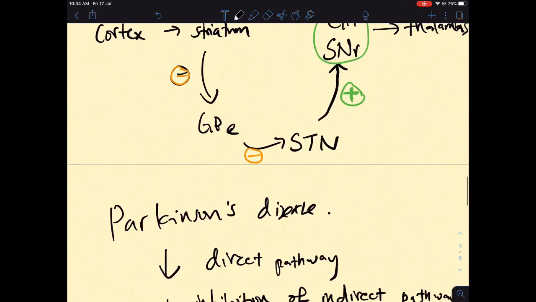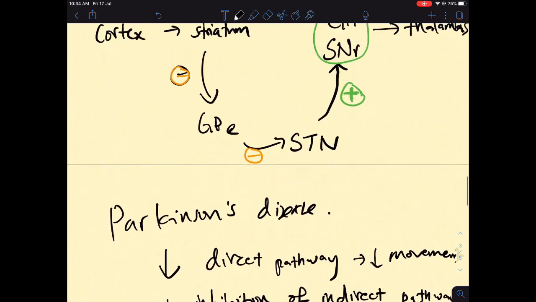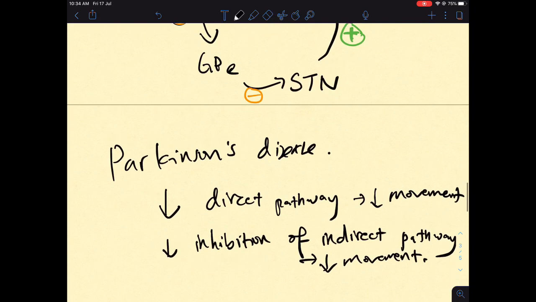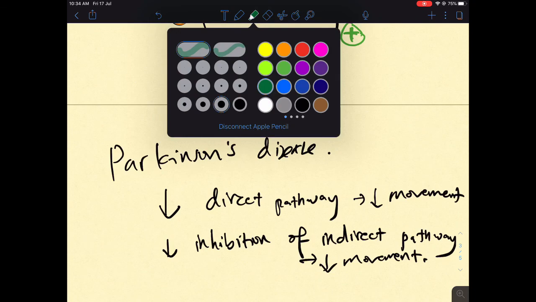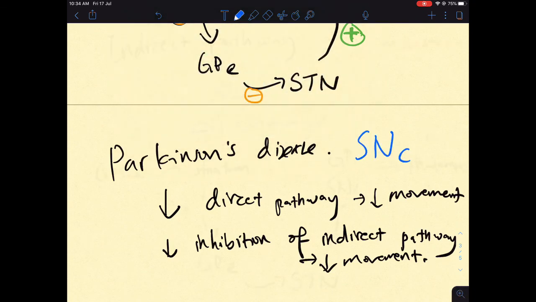So basically you have less movement. Okay, so that's for Parkinson's disease, because what happens in Parkinson's disease is the pars compacta of substantia nigra dies.